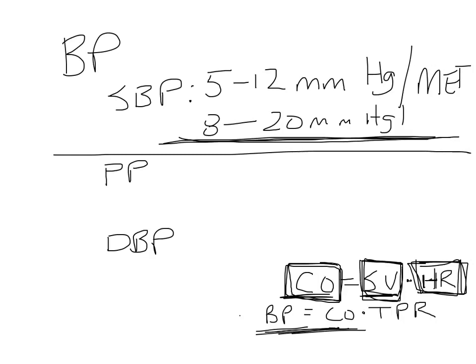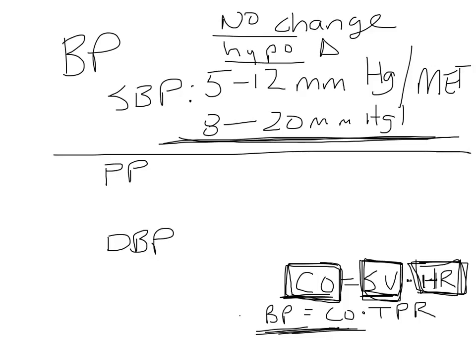They are no change, a hypo change would be less than the 5 to 12 per MET. So if you only had a 5 millimeter of mercury increase from supine to walking upstairs, that would be a hypo change.